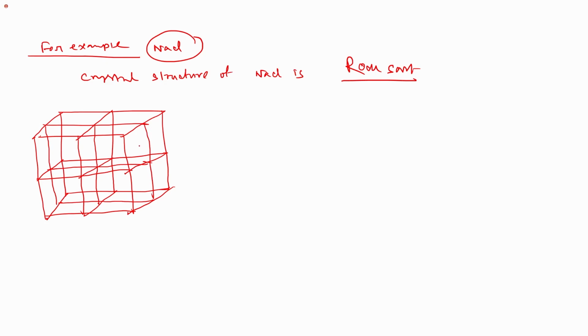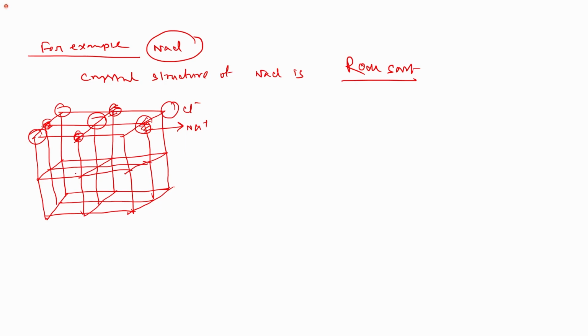This is the complete structure. Here it is Cl minus, and this is sodium plus, and alternately the cations, sodium, and the Cls will be present here. So this is the rock salt structure.